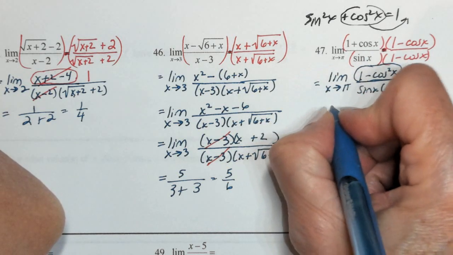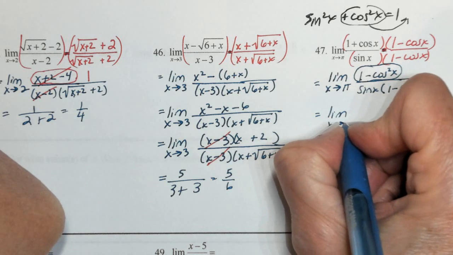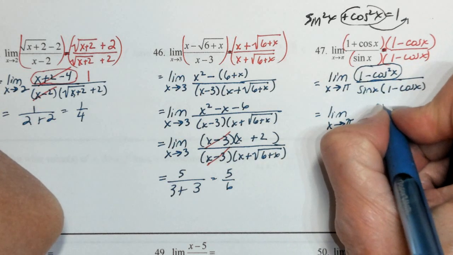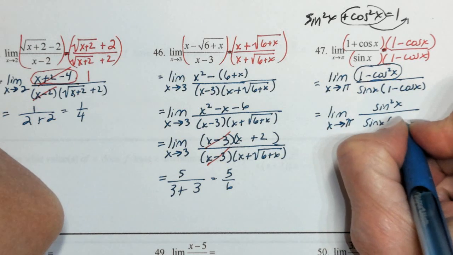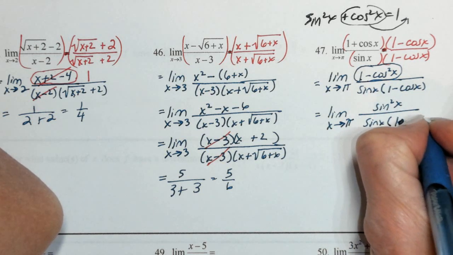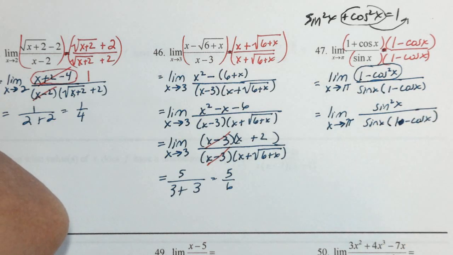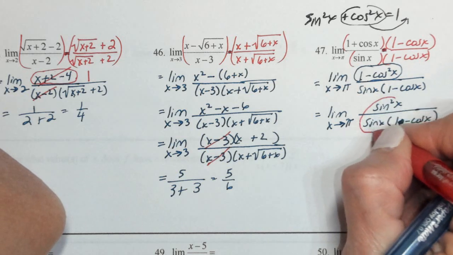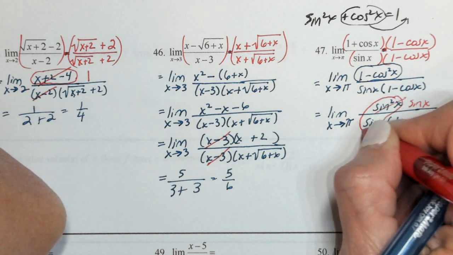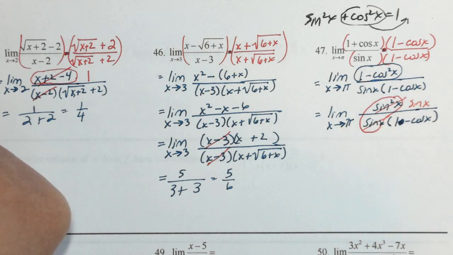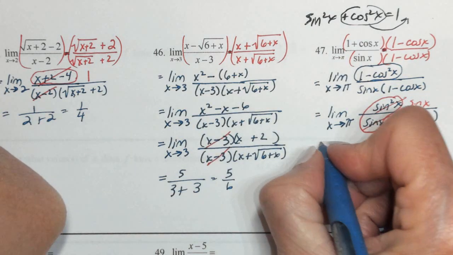So this is sine squared x over sine x times 1 minus cosine x. One of these sine x's will reduce out, leaving a sine x on top. We can reduce it out because of what our limit says.